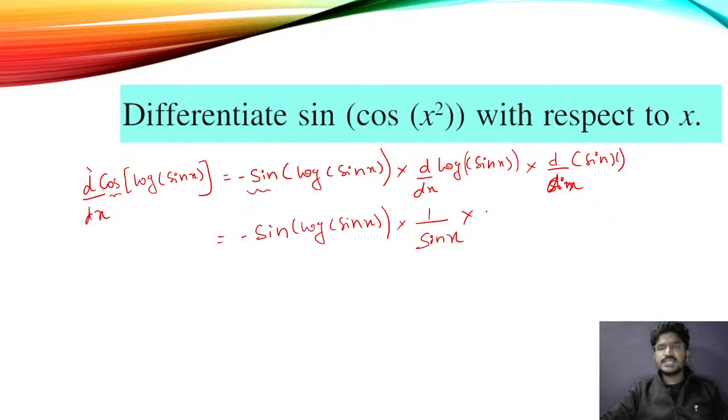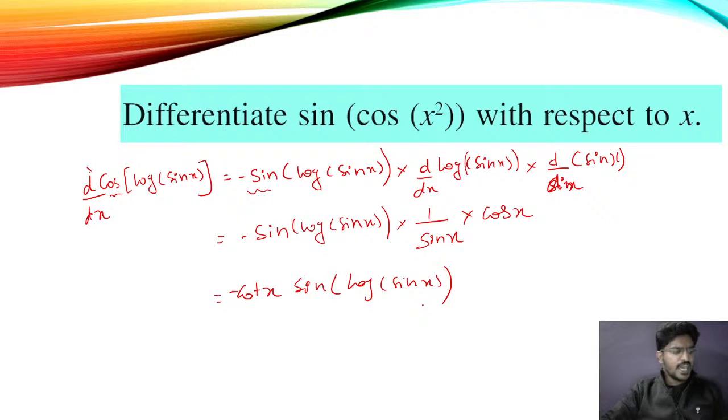Differentiation of sin x is cos x. So like this you can simplify, no problem. Cos of sin x will be cot x, right, minus as it is. So sin of log of sin x you have to write as it is. So from this you can understand the chain rule.